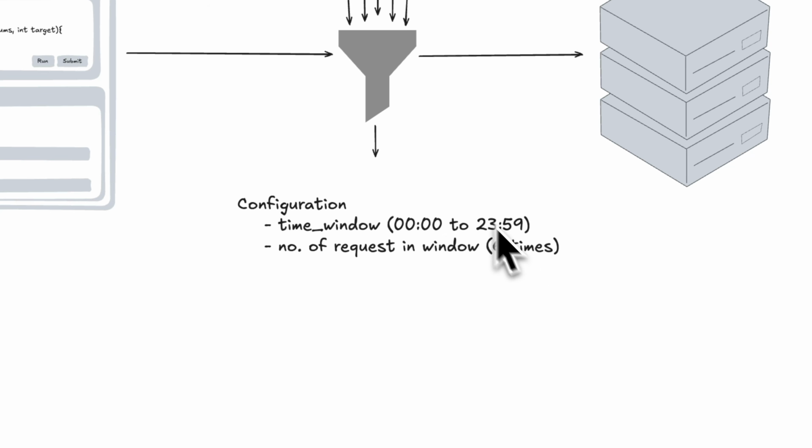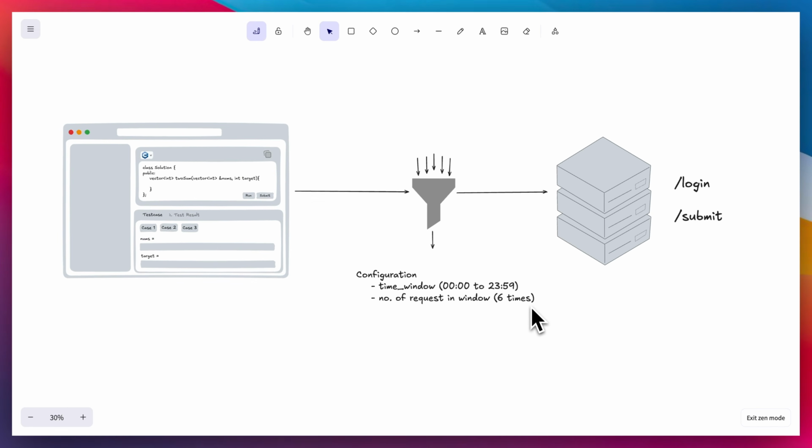So the time window would be this, and the number of requests would be this. It means that if you try to hit the run API a 7th time or 8th time or 9th time, it will be rate limited. That is, it will not even reach the server. This is how the configurations would be present in the rate limiter. I hope now you understood what a rate limiter is and why we require a rate limiter.